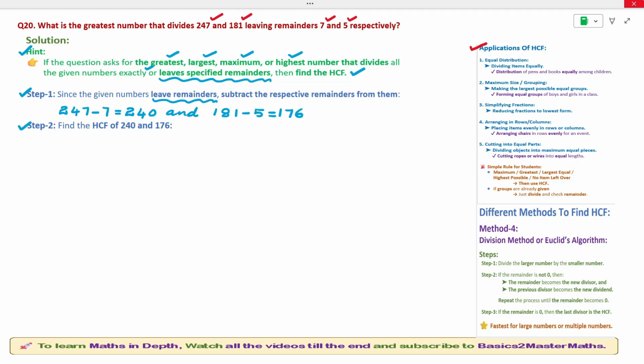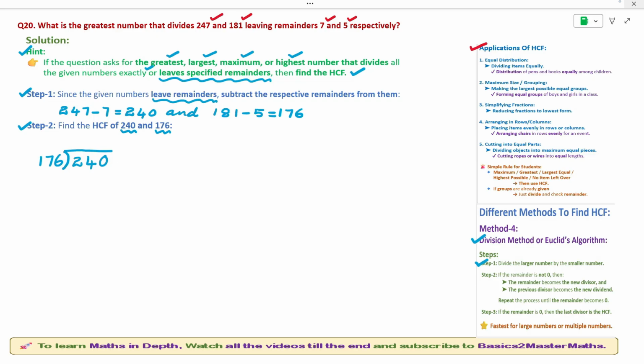Step 2. Let us find the HCF of 240 and 176. Since these two numbers are larger, please use Euclid's algorithm.